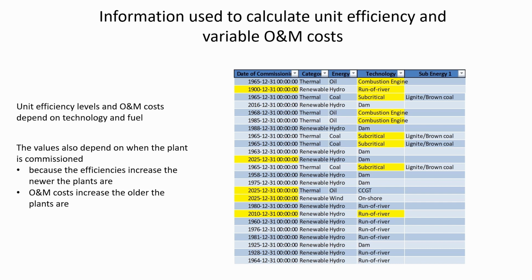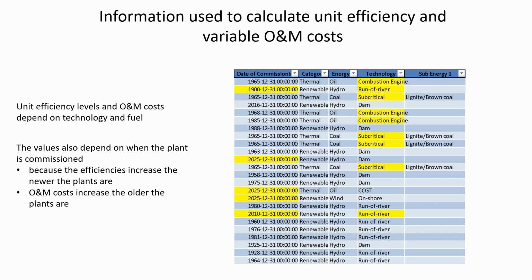And the estimate we do here is based on the knowledge that a coal-fired unit will have a lower efficiency than a gas-fired combined cycle unit. We also know that if you have an old unit, it will have a lower efficiency than a new unit.